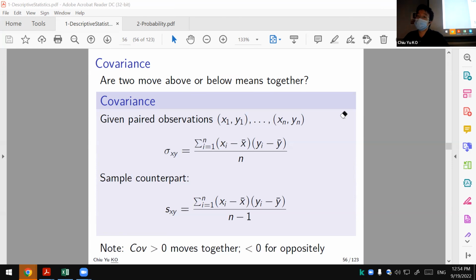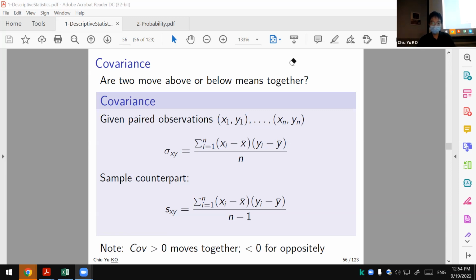Similarly, if they're both below the mean, both negative, the product is positive. If one is above the mean and one is below, it becomes negative. So let me draw a diagram to show you that is the case.